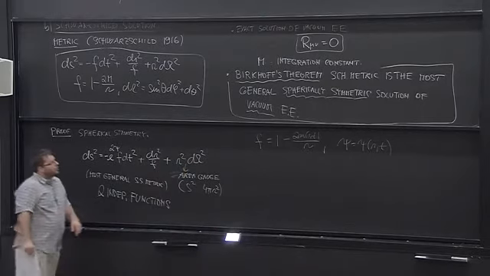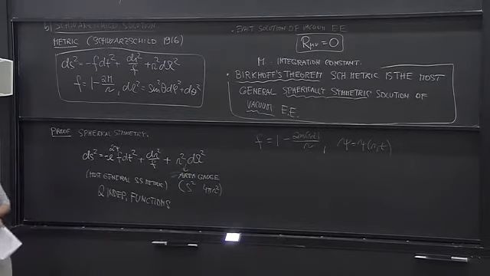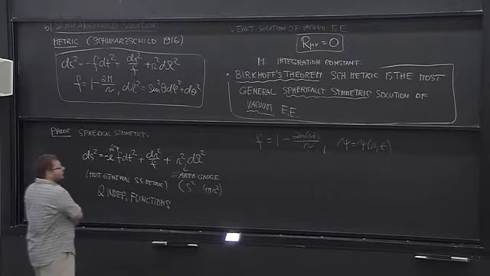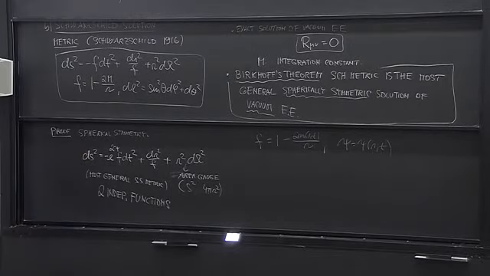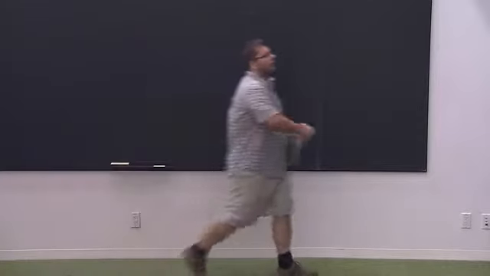I'm just saying these 2 functions can depend on r and can depend on t. Well, very good. So now this is all we could get from the spherical symmetry. At this point, the metric is time dependent. We just imposed spherical symmetry, and that's it.